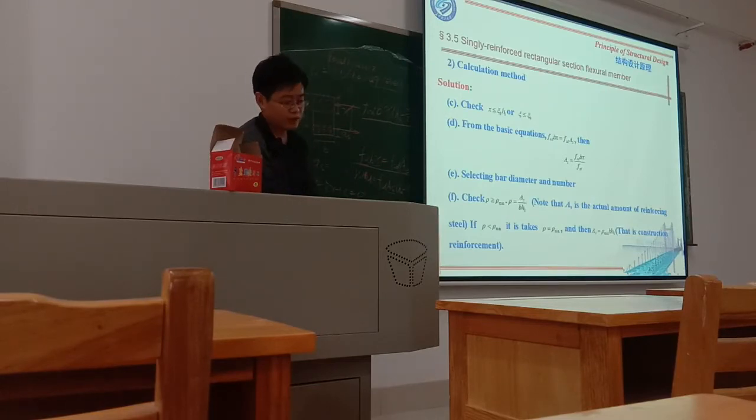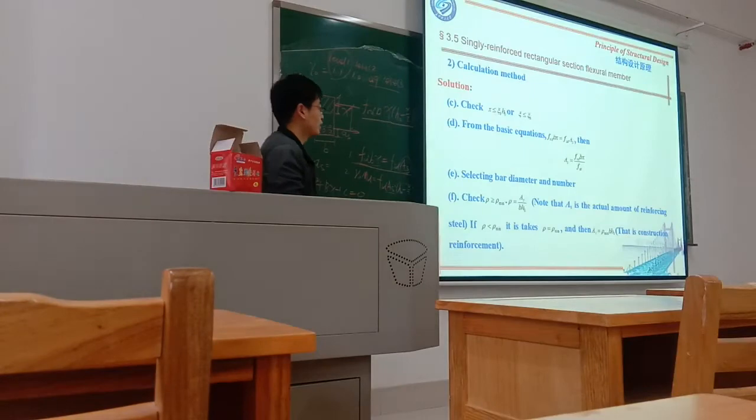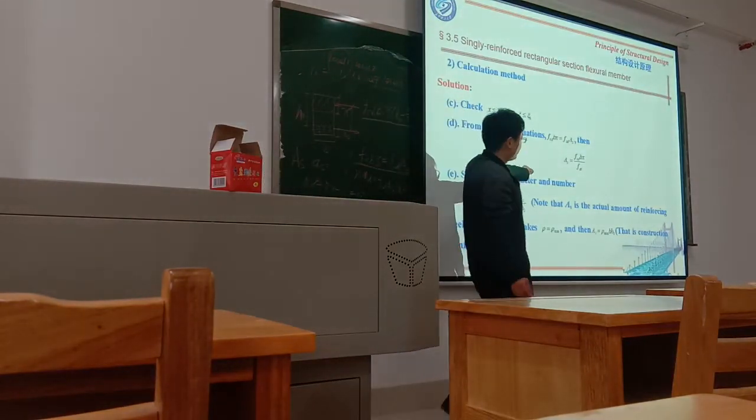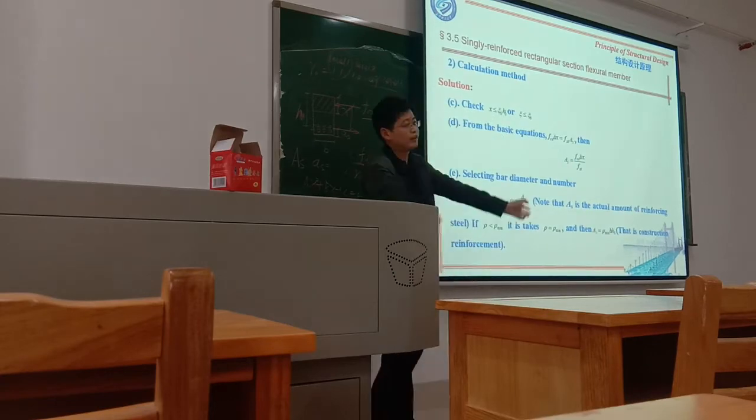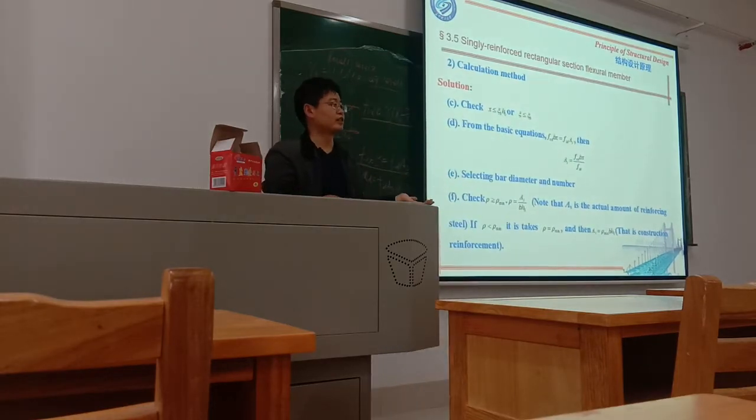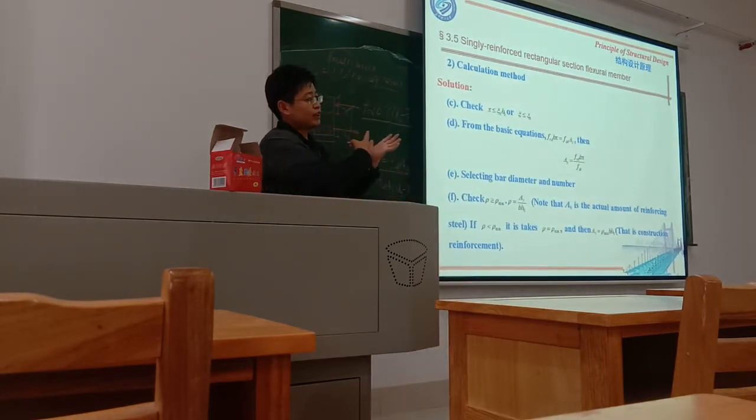Because once you finish the calculation and go to the AS, you have many choices. You can use diameter 30 or 20 or 18 or 15, something like this.